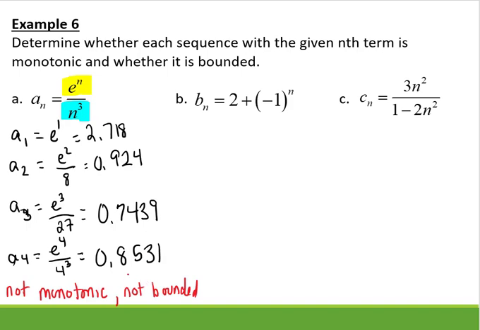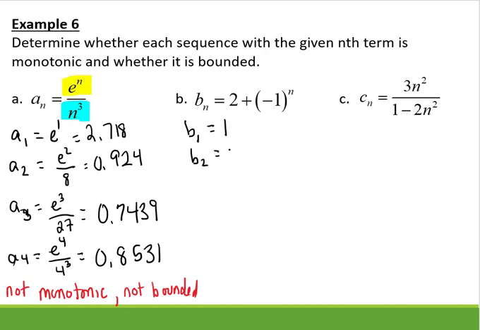Our first one. If I plug in 1 there, I have 2 minus 1, which is 1. If I plug in 2, I have a 2 plus 1, which is 3.